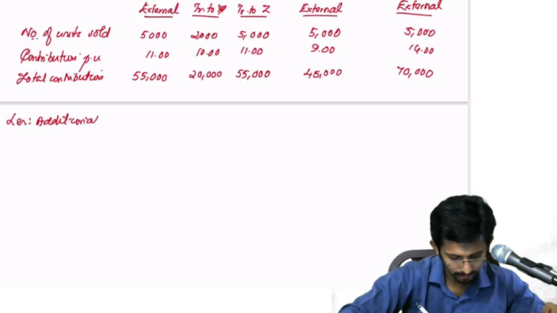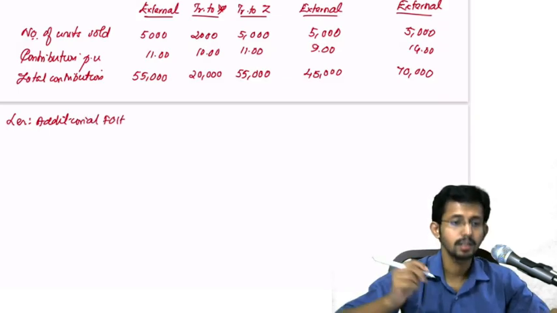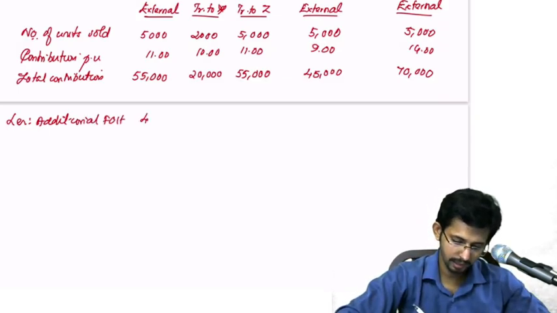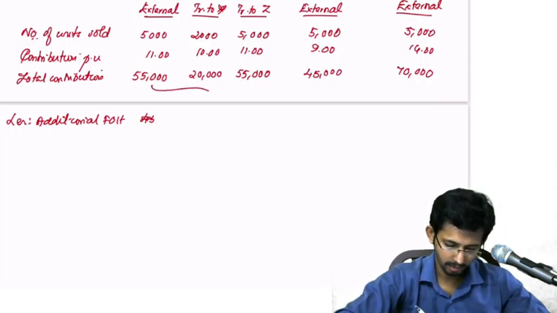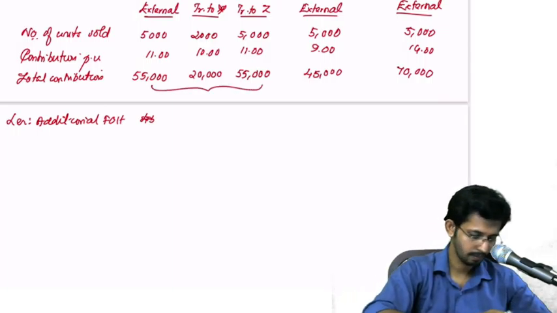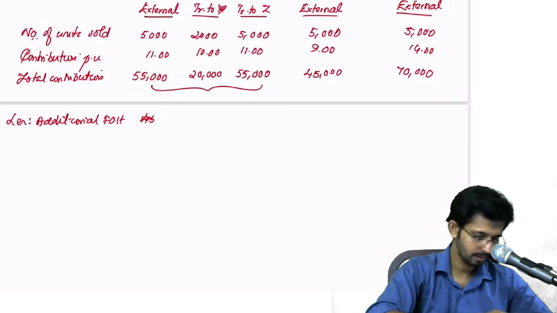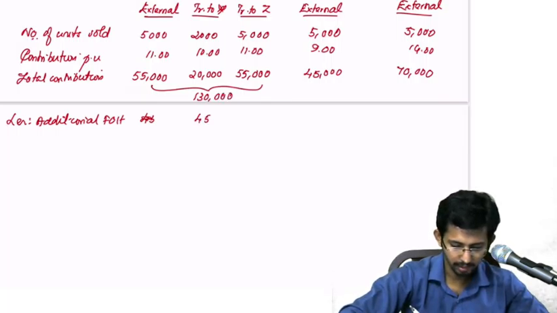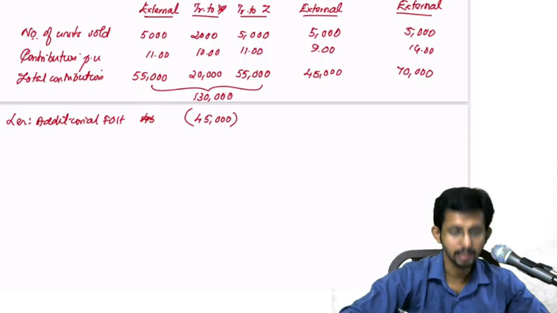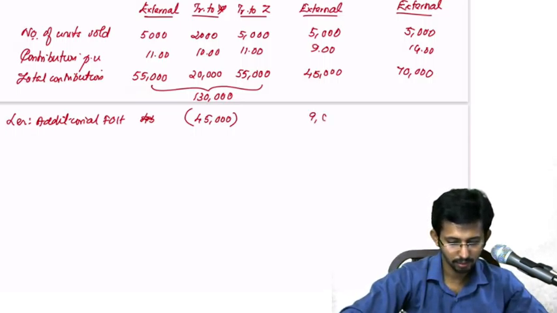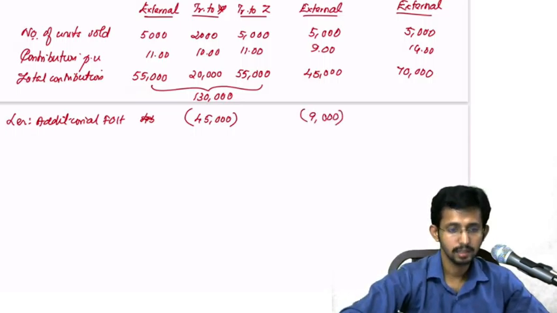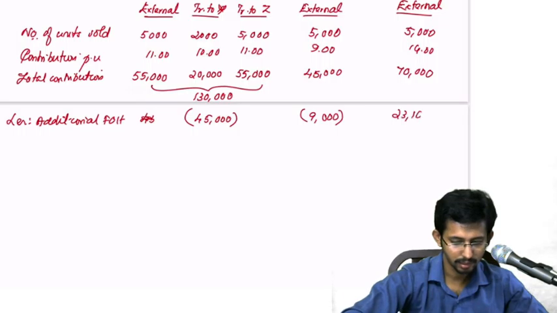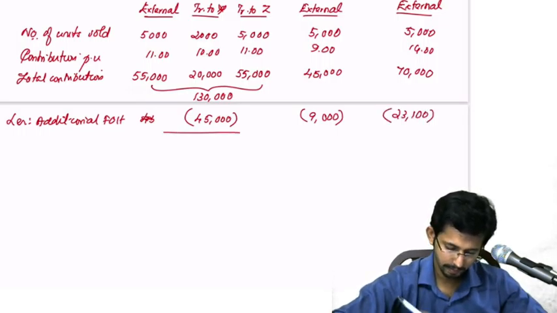additional fixed overhead. What is the additional fixed overhead? Here the total will be how much? 55,000 plus 20,000 plus 55,000, 1,30,000. Okay, so here 45,000 net, then 9,000 net, and 23,100 net.